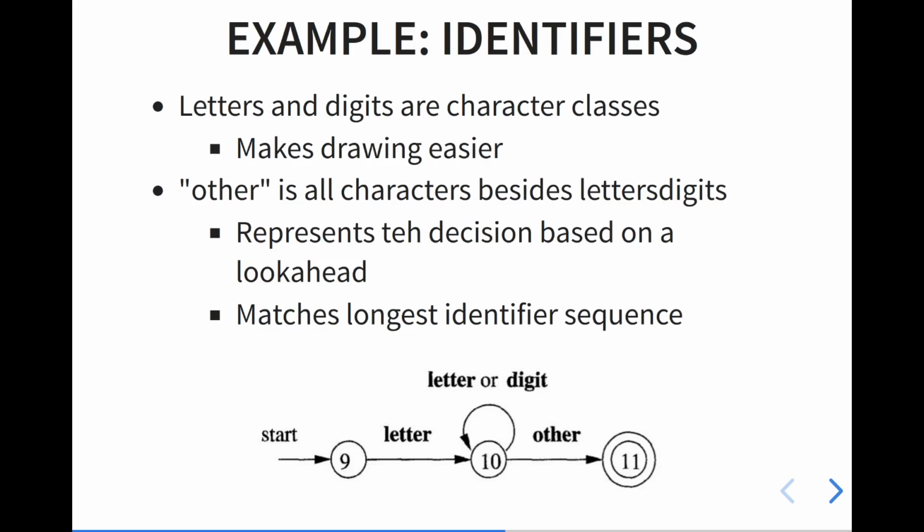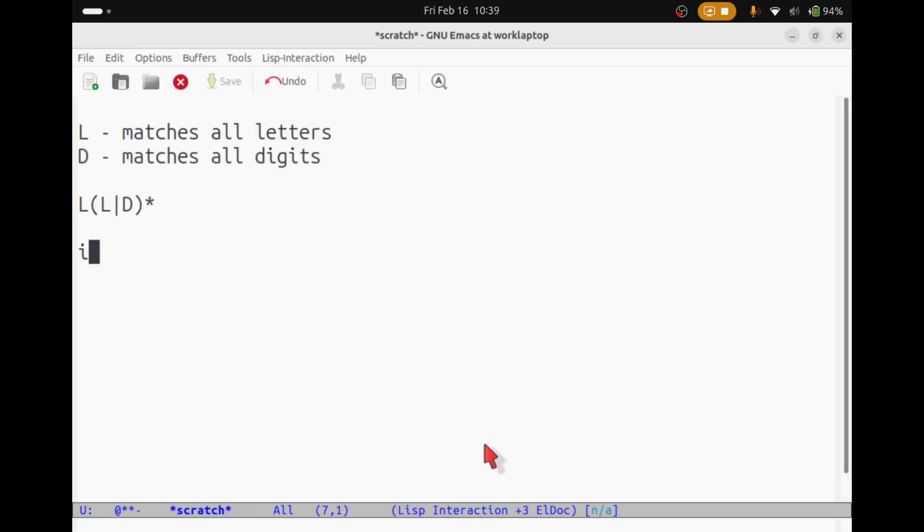So if 10 is accepting, why don't we just accept on 10? That's a good question. This is kind of a technical reason for languages. If I have x1 equals 3 in my language, then we want to know that x1 is the identifier, not x. x will be matched by this, right?